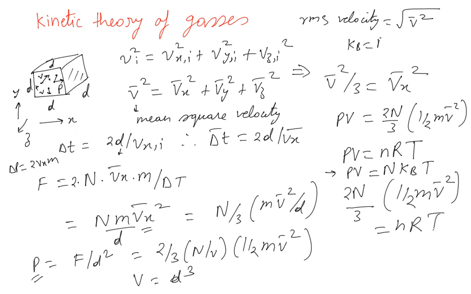It's called the Boltzmann constant. And from here we can clearly see that half m v squared is nothing but 3 over 2 kB T.